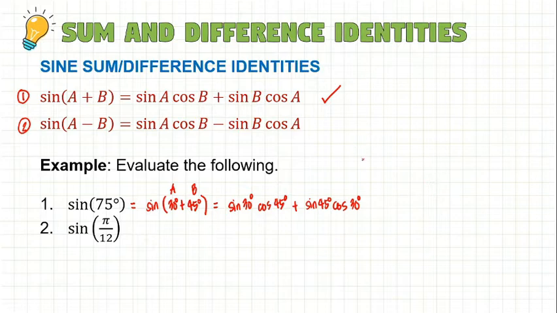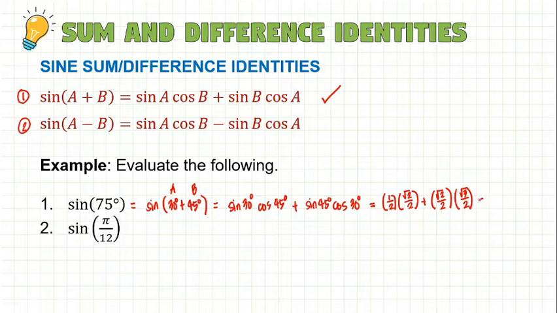Now evaluate: sine 30 degrees is just equal to 1 half, times cosine of 45 degrees, which is square root of 2 over 2, plus sine of 45 degrees, which is also square root of 2 over 2, and cosine of 30, which is just square root of 3 over 2.